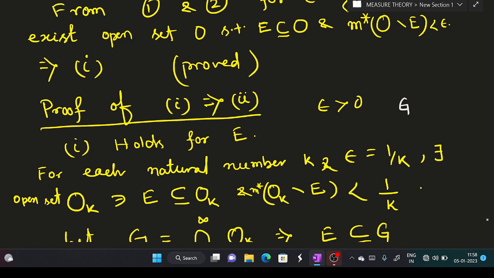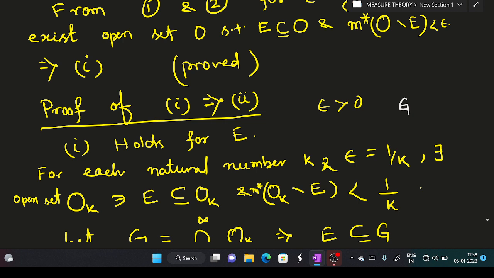This is our target. To prove it, for each natural number k, let us fix epsilon equal to 1 by k. Then for every epsilon greater than 0, 1 by k is always greater than 0.